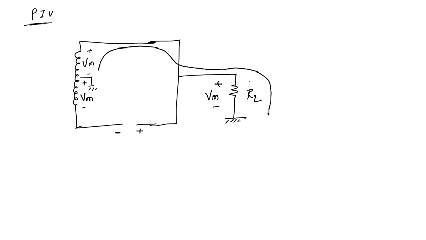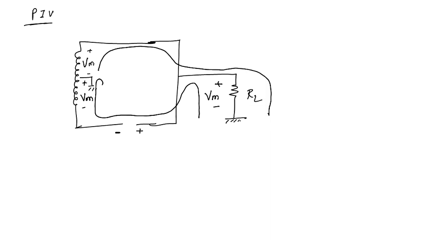So now if we apply KVL in this loop, we can calculate the peak inverse voltage across the diode. When the input is maximum, it is assumed that there is no voltage drop across the diode, so all the input voltage will drop across the load resistance.